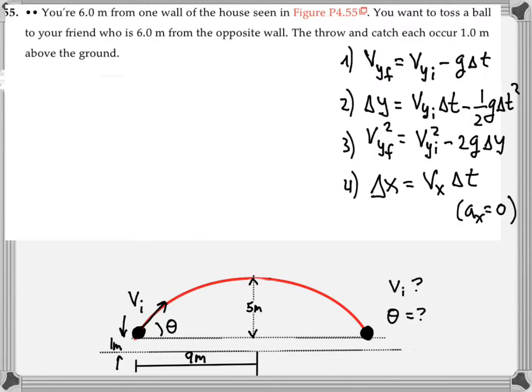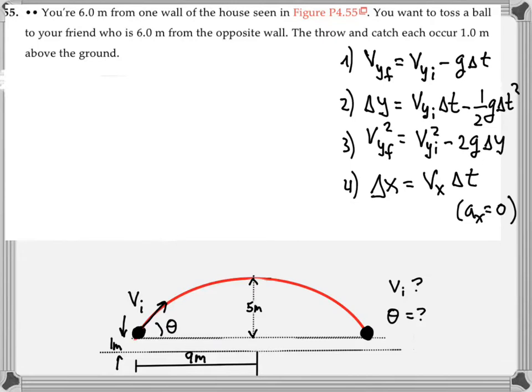So for projectile motion problems, you're always going to write down the 4 equations that apply for projectile motion. The first 3 apply for the y component of the motion. Those first 3 equations always refer to the y component of the velocity, position and acceleration.